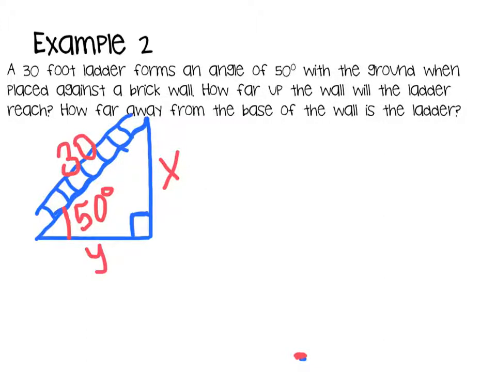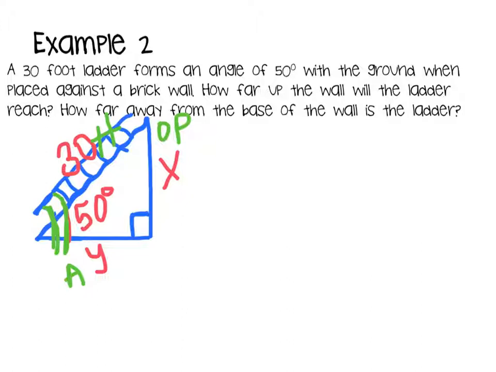So let's go ahead and label our sides. Starting with the angle, marking it as 50 degrees, we can label our hypotenuse, our opposite, and our adjacent.